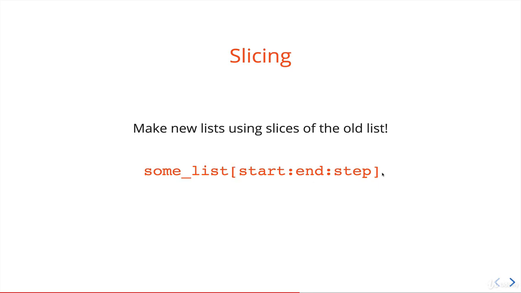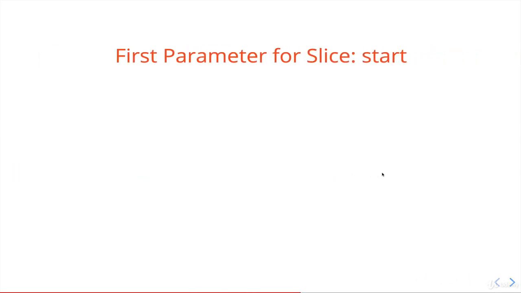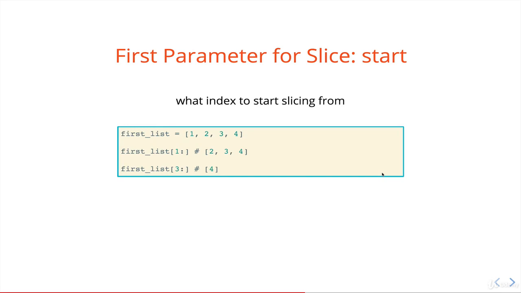Okay, so let's take a closer look at the first parameter, which is the start point, the index where we should start slicing. So here's an example. We have 1, 2, 3, 4 stored in a list as first list. The first thing I'll point out is that we have to add this colon afterwards, because if I just did first list of 1, it's going to give me the item at index 1, which is 2.